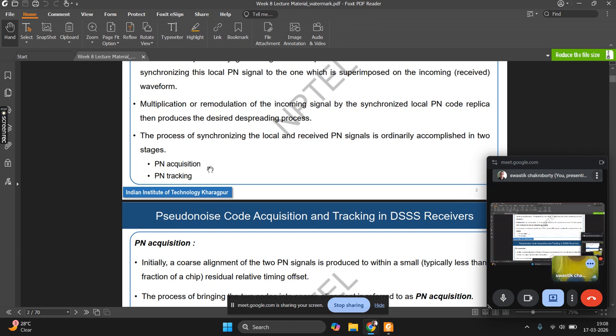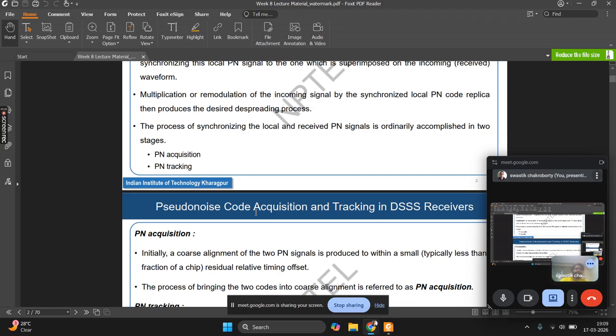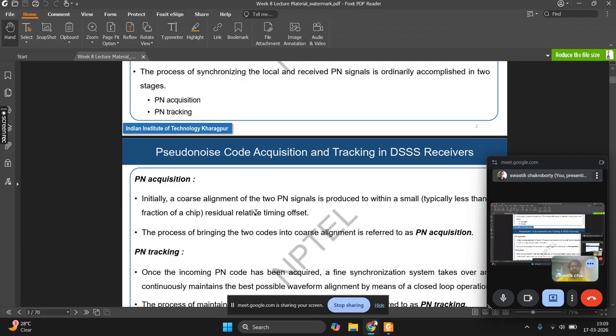So PN acquisition is the broad agreement of what PN sequence was originally sent, whereas PN tracking is the finer bit level synchronization that we have to continuously carry out.